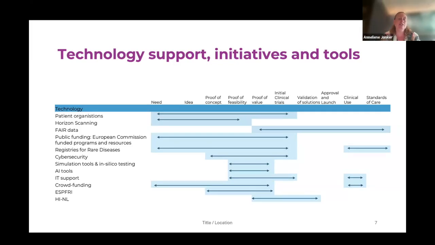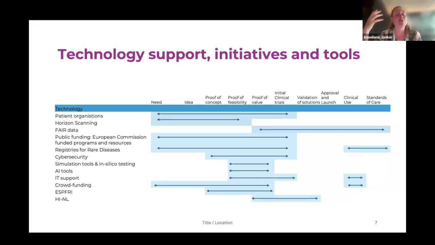And we've really seen that even in the technological development, where we see a lot of developers having their start, we see already the need to involve different stakeholders, such as patient organizations, but also to do a horizon scanning quite early on in the process. We see the importance of the role of funding and to plan for funding throughout the different programs out there.